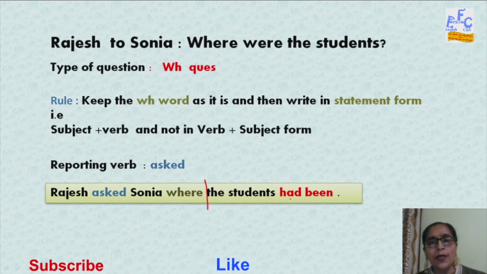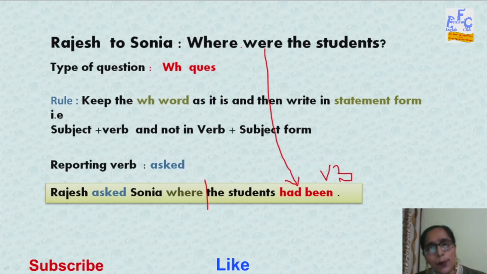Here this were is past simple, so it will be changed into past perfect. So, were is converted into had been. Why been? Because been is the V3 of the verb be. Were is the plural form of the verb be in the past tense. So, that is why been is taken here. So, it is Rajesh asked Sonia where the students had been.